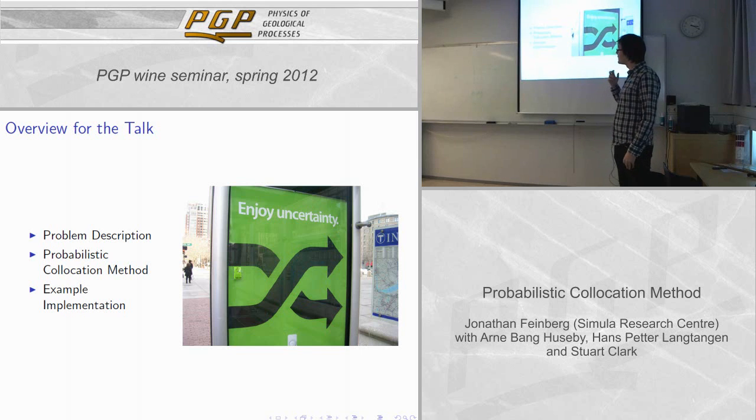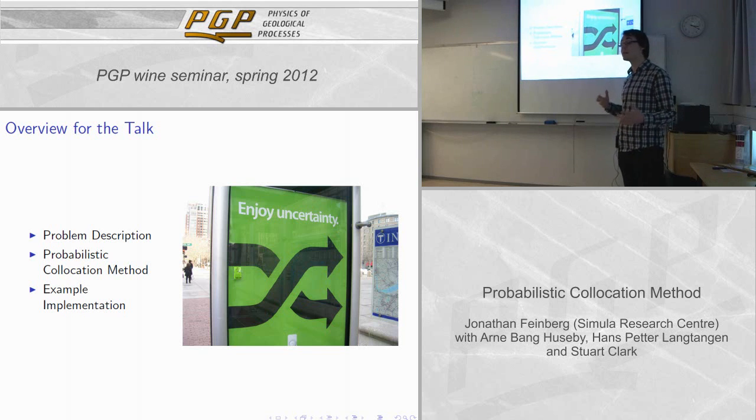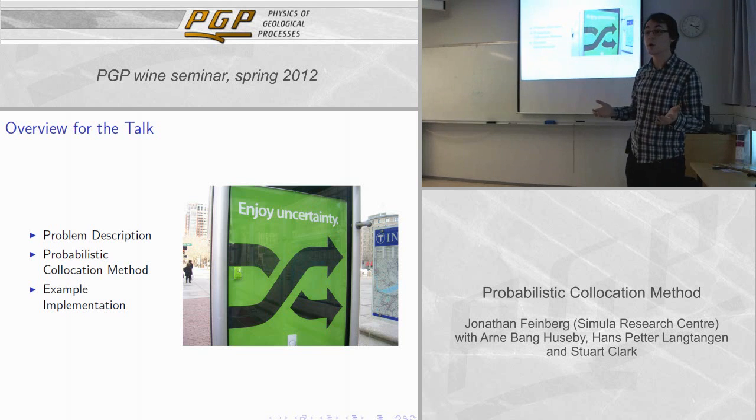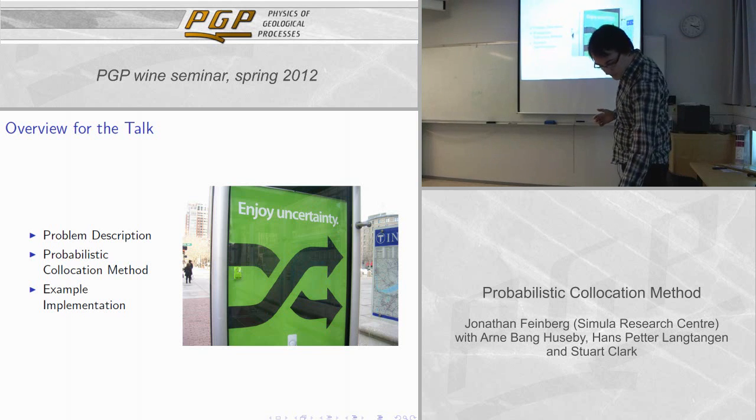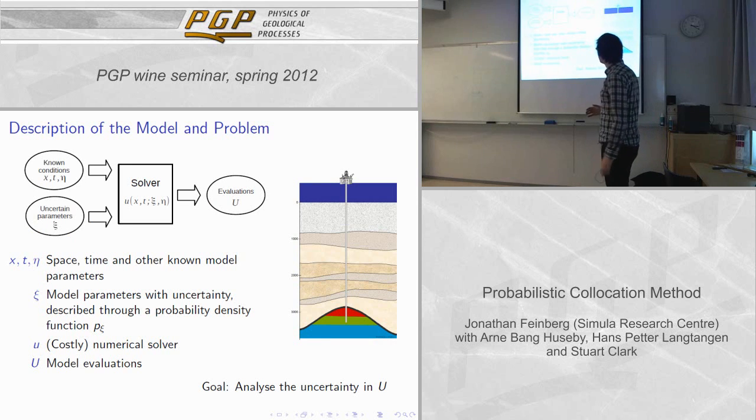Then I'm going to talk a little more about the inner workings of the probabilistic collocation method, why it's good and things like that, giving you a brief overview of the guts of the method. And at the end, I'm going to show you a numerical example with the code and show you how well it works compared to comparable methods. Okie dokie. Let's start with a problem description here.